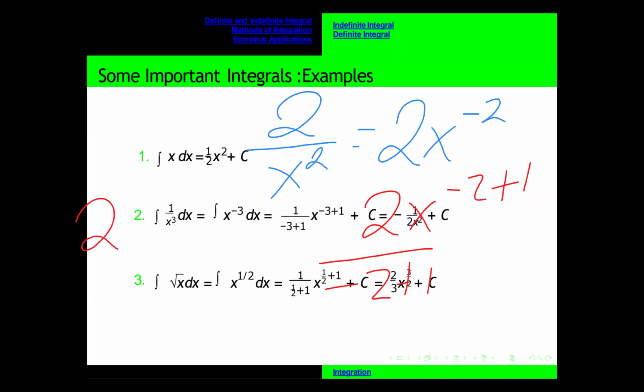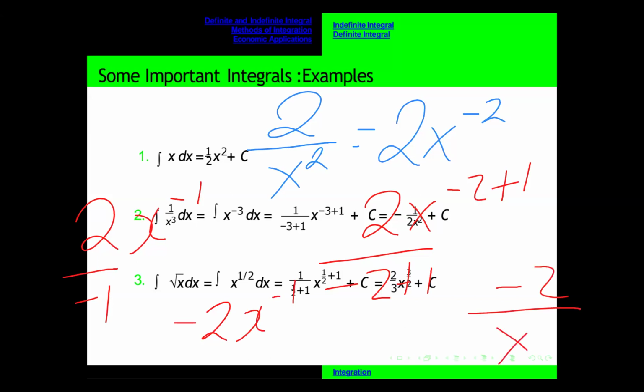That you may have 2x to the power negative 1 over negative 1. And this will give you negative 2x to the power negative 1. That we could easily rewrite as negative 2 over x, isn't it? Because we bring this down. That's the message we are communicating. That's another example, plus see the concept.